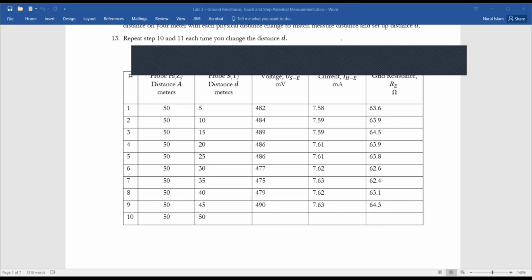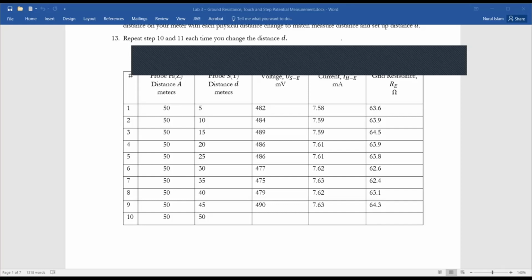Okay, and remember, this is a part of your final report. I noticed that because you don't pay attention, you just put any number from here as the ground grid resistance. That doesn't comply with the theory and with the data.